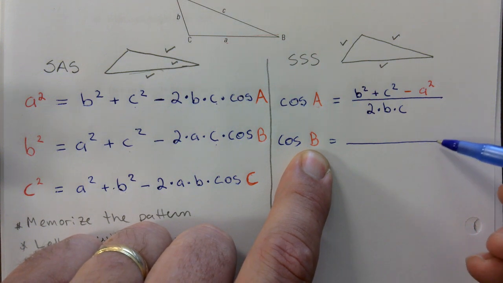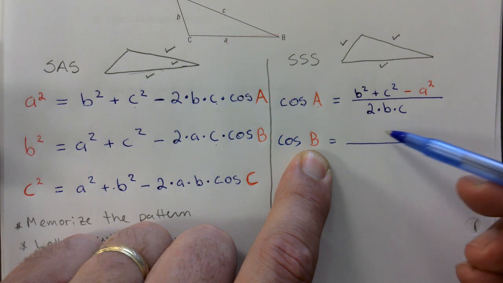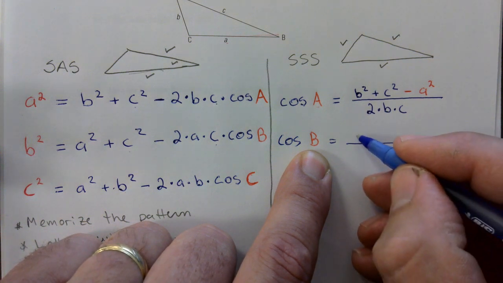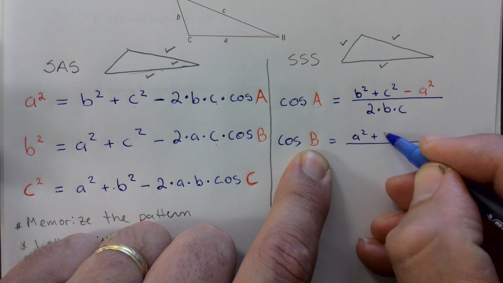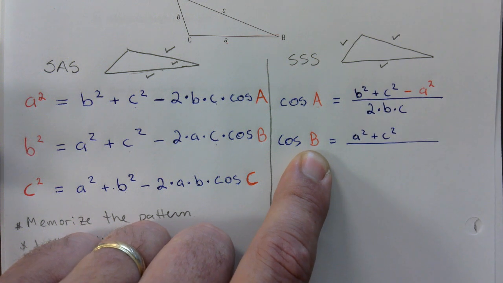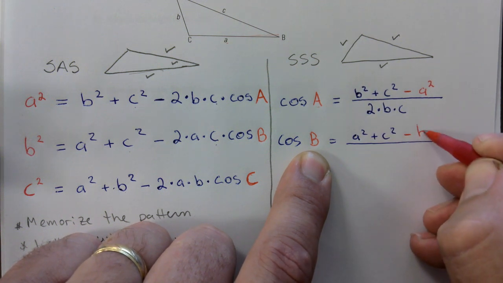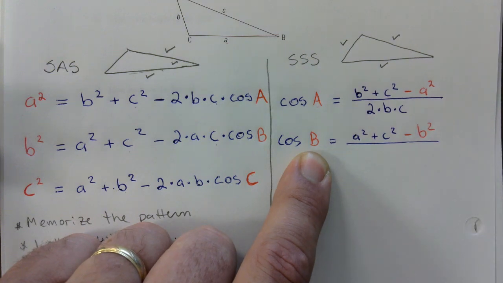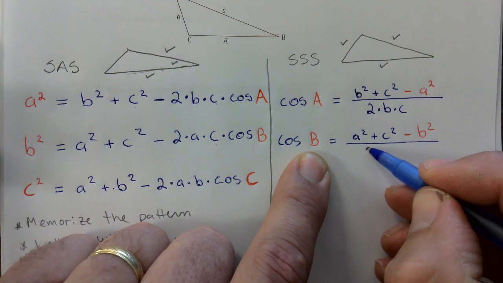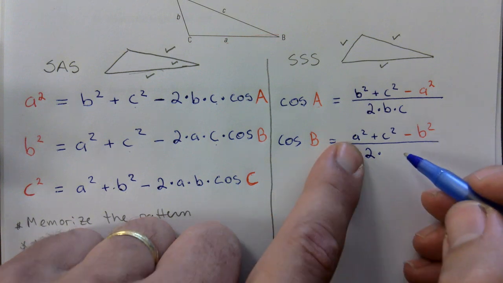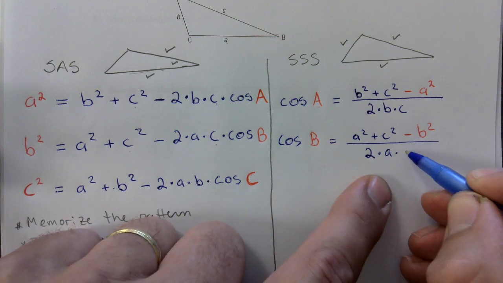It's going to be minus B squared, right? So I'm left with A and C, correct? So A squared plus C squared minus B squared. What's going to be at the bottom? 2 times, yeah, times C. There we go.